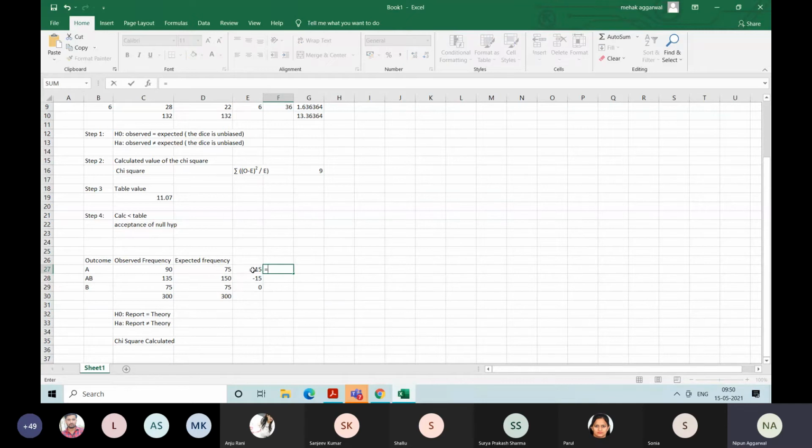So observed minus expected square total is 4.5.